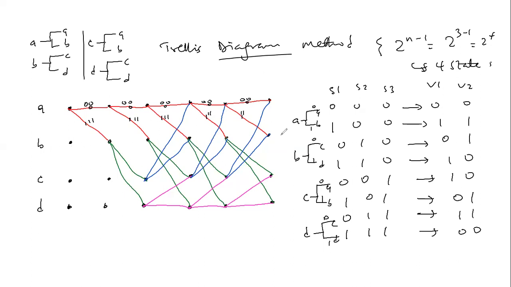Okay? Then for B, when it emits a 0, we have 0, 1. So that is from B to C. So at this point, it emits a 0 here, here, and here. And the output is 0, 1.